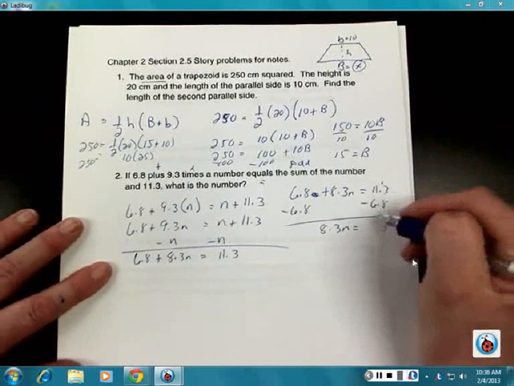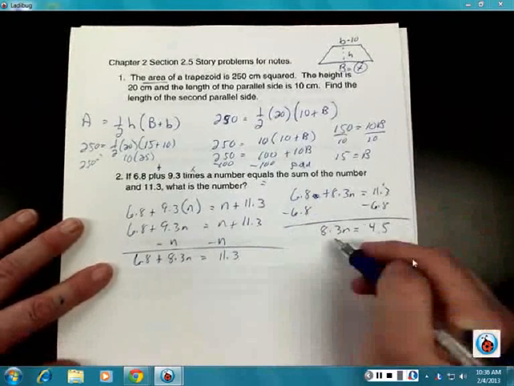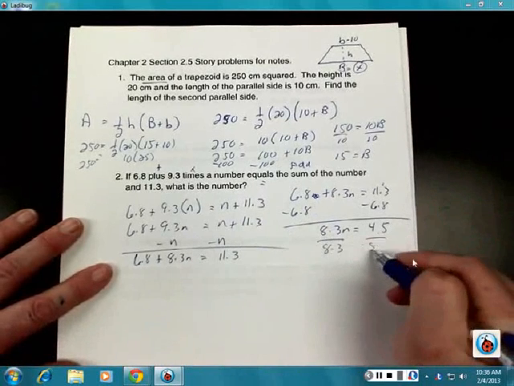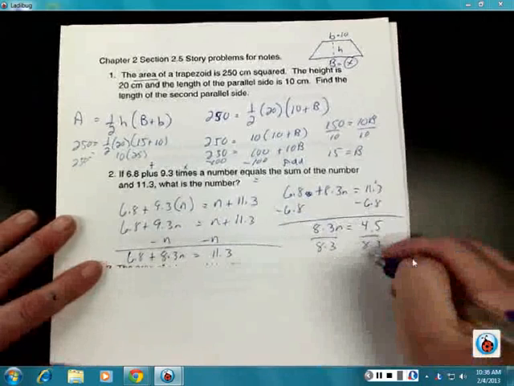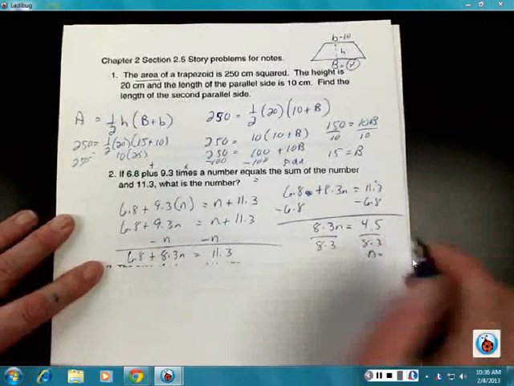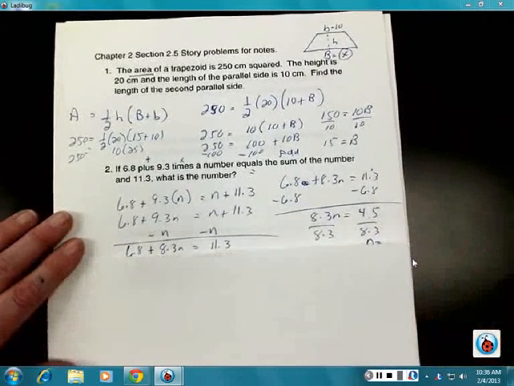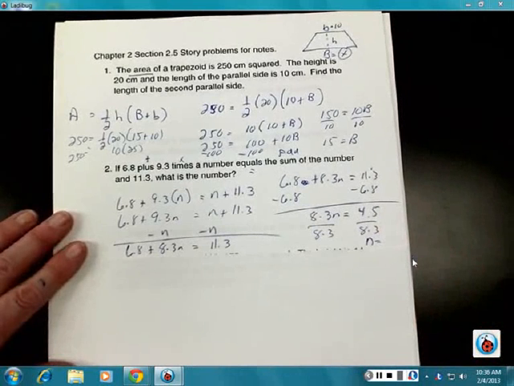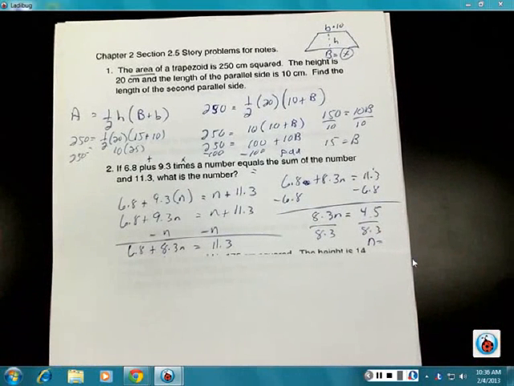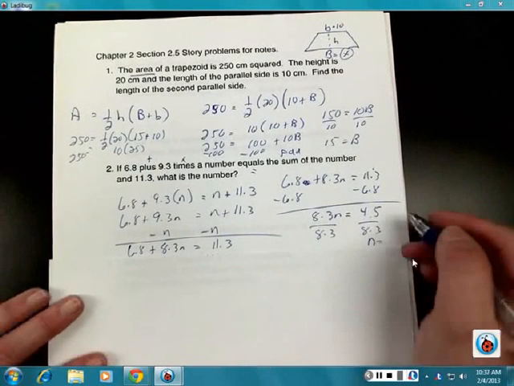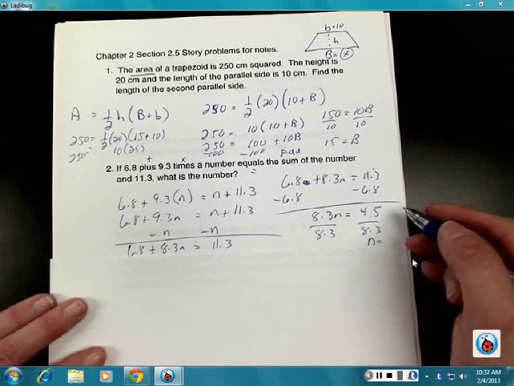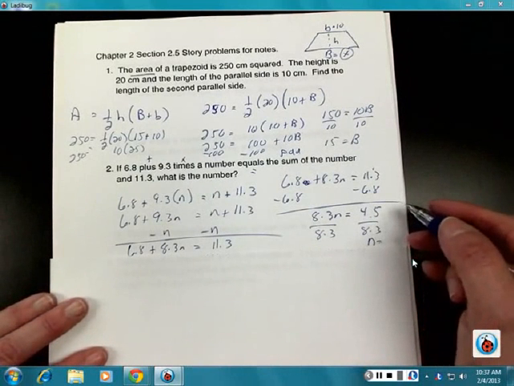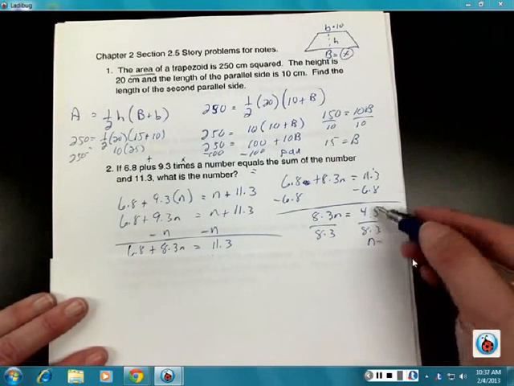4.5. Okay. Divide by 8.3. And what is good old n going to be? Ooh, not good. 45 over 83. Did I get that right? 45 over 83. Yeah, if you removed your decimals, it would be.